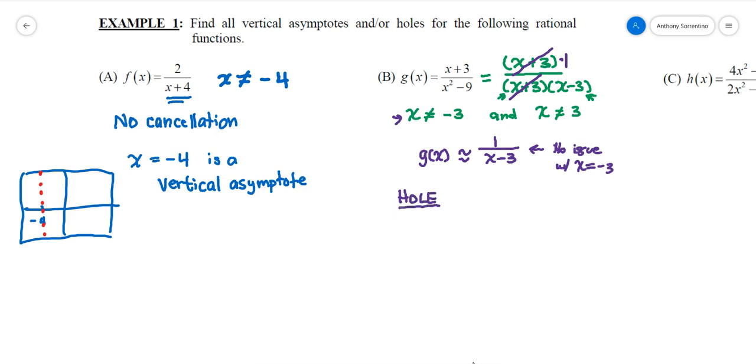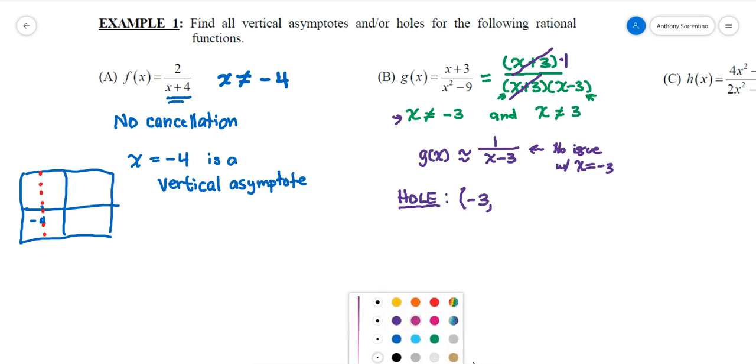Now, a hole is going to be a set of coordinates. I can't just say I have a hole at x equals negative 3. I know that negative 3 is going to be the x value because x cannot be negative 3. Now, the y value I would get by, let's go to a different color here, I'll use that purple.